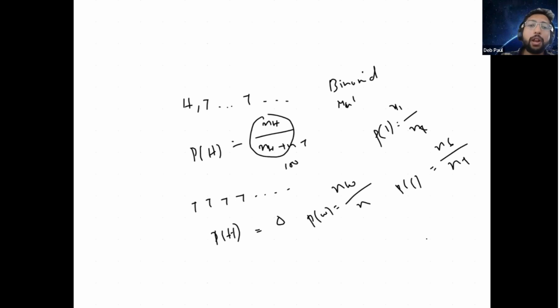The way people get around this is something called smoothing. If you look up this word, smoothing is used. What you do is say, let me add something extremely small that doesn't move anything, so I will add a very small value in both the numerator and denominator to balance this out.